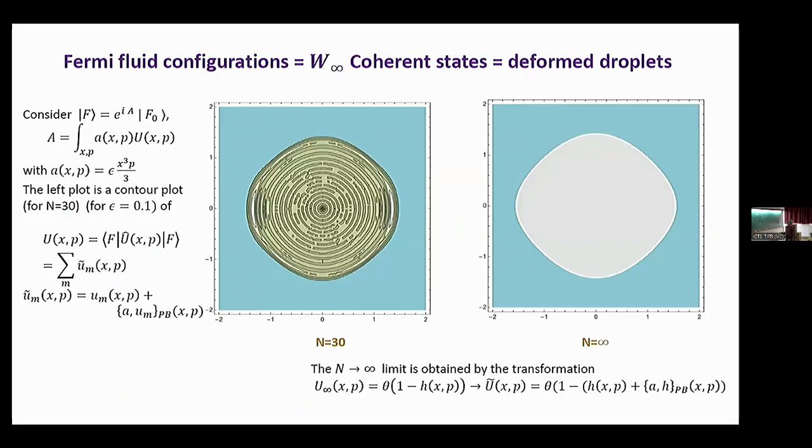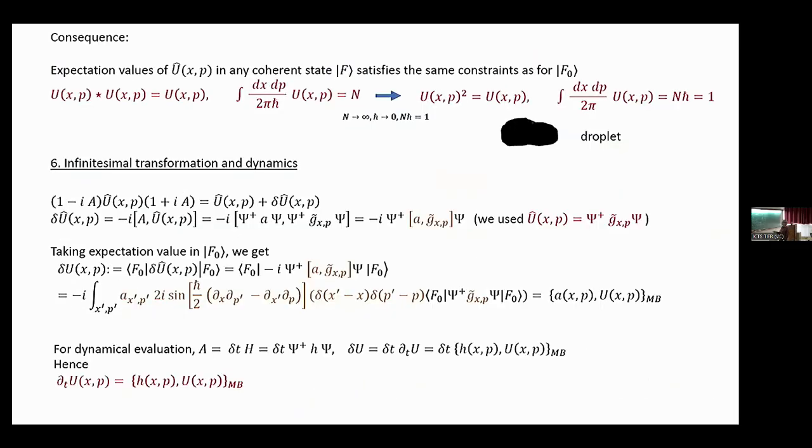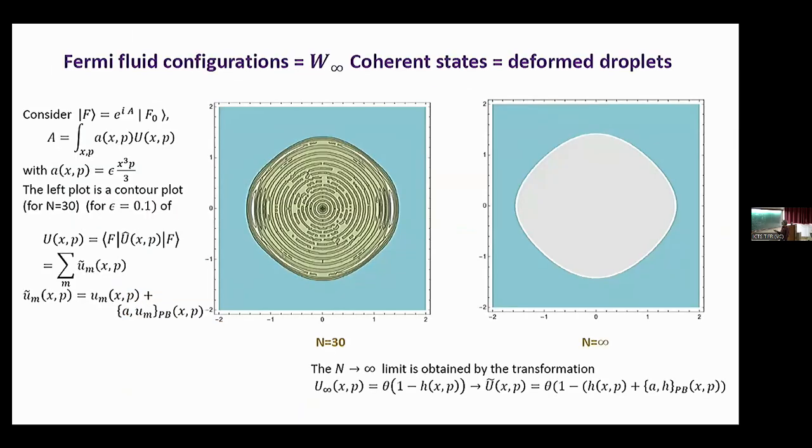And when you apply that, you can explicitly prove this. This is done in quantum mechanics in a 30 particle example, and this is n equal to infinity. That comes from the solution of this Moyal bracket equation, and you can see that these two agree.